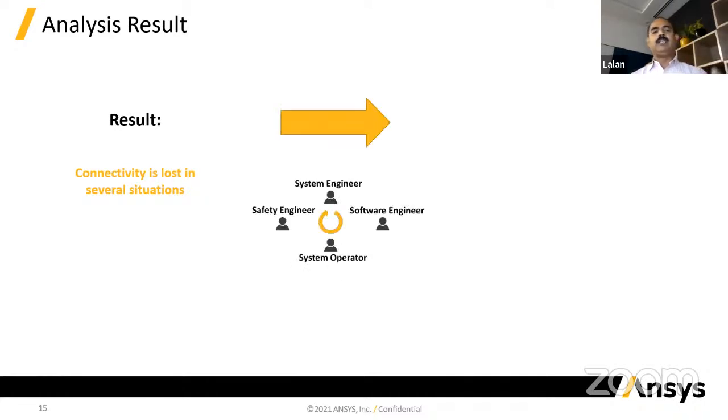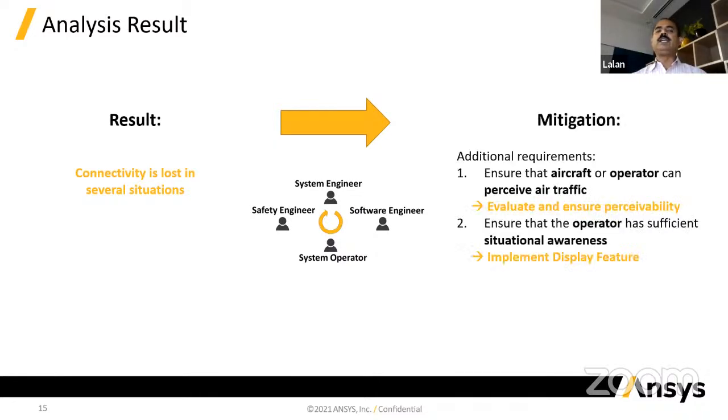Now this information came to the engineers, and they need to mitigate these issues, right? Because if you lose line of sight and communication, then a very big problem can happen in the air traffic.